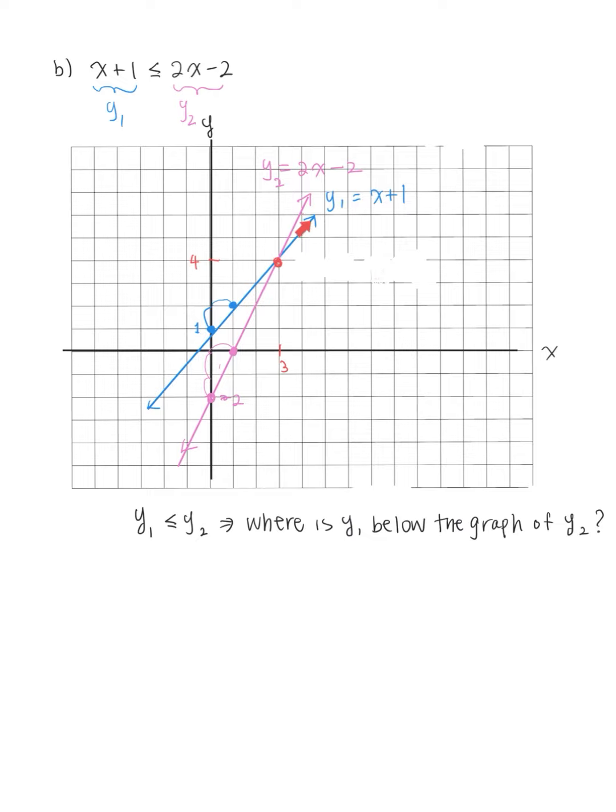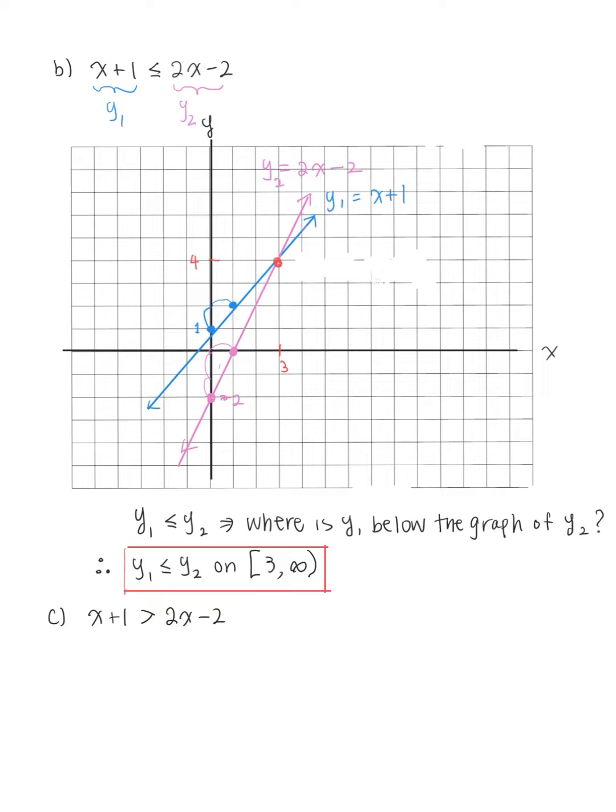Because y1 is going to keep going this way, and then y2 is going to keep going this way. So from x equals 3 on, your y1 is going to be below the graph of y2. So our answer is going to be, therefore, y1 is less than or equal to y2 on the closed interval from 3 to positive infinity.